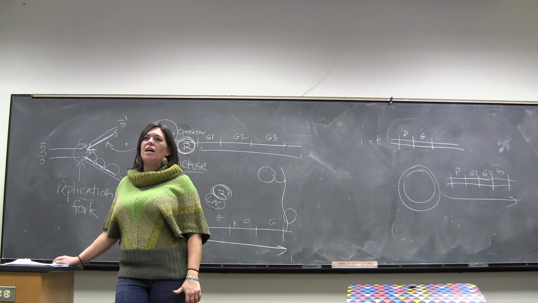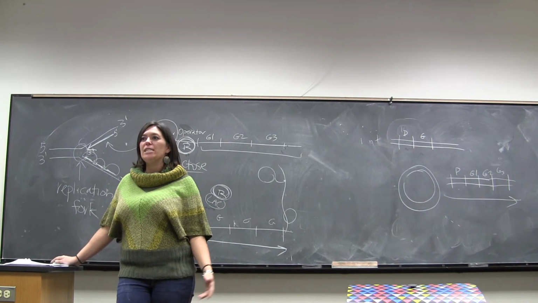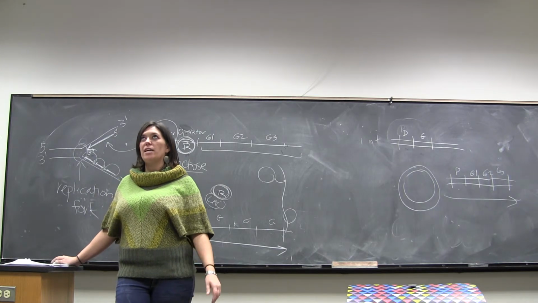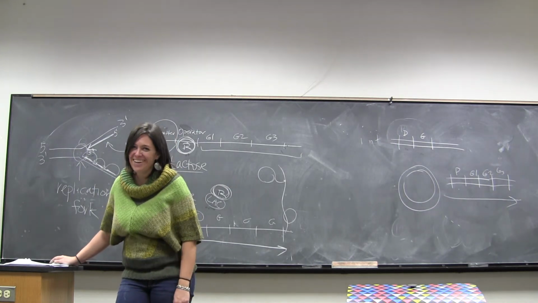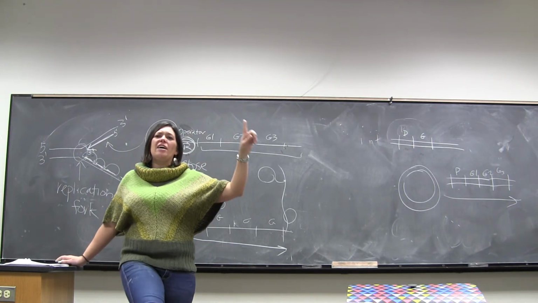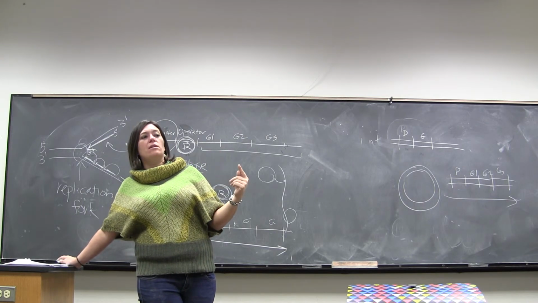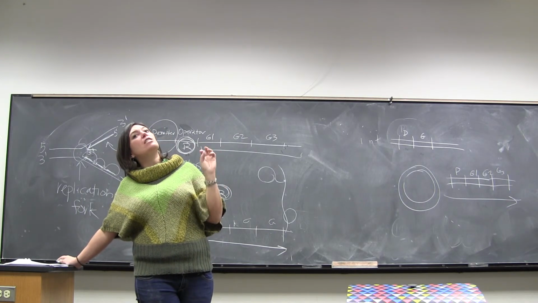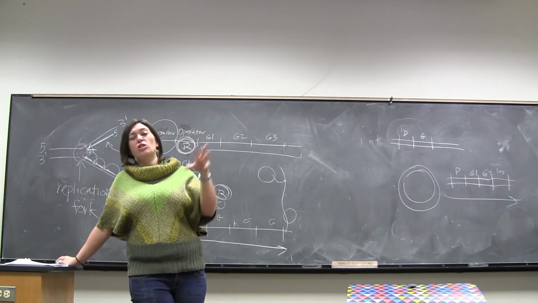Is it prometaphase? I think there's some debate. Some sources say it's metaphase or prometaphase, some say it's prophase. So the DNA condenses and the nucleolus disappears. That's normally what happens in prophase. Then in prometaphase, that's normally when the nuclear envelope starts to degrade.